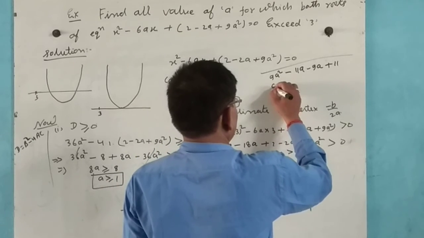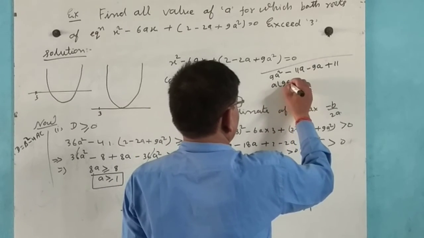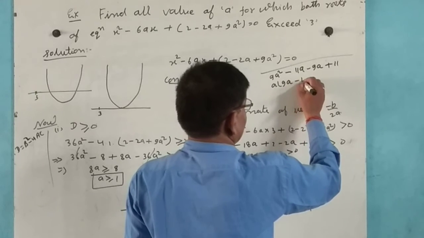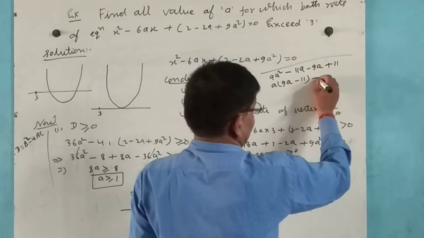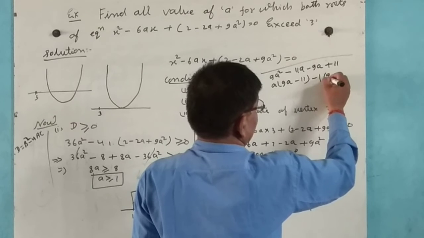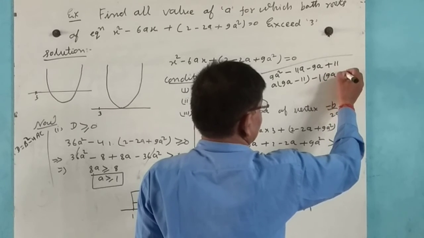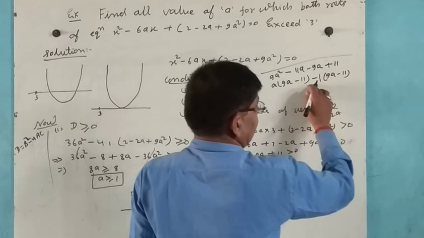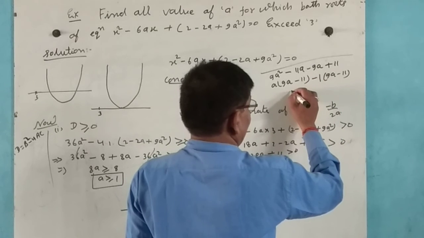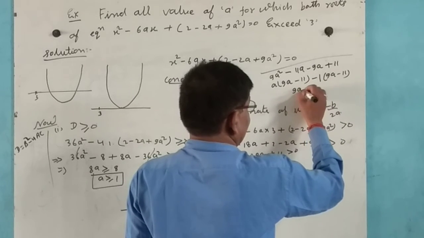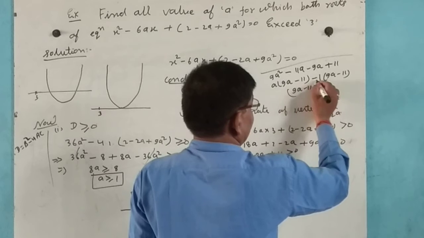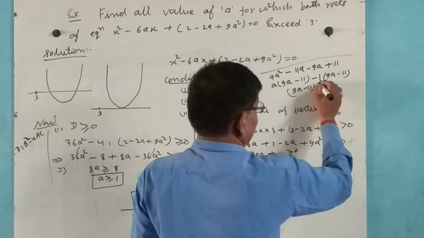Here common a, 9a minus 11 and minus 1, 9a minus 11. Here no change. Now in this case 9a minus 11 and a minus 1.